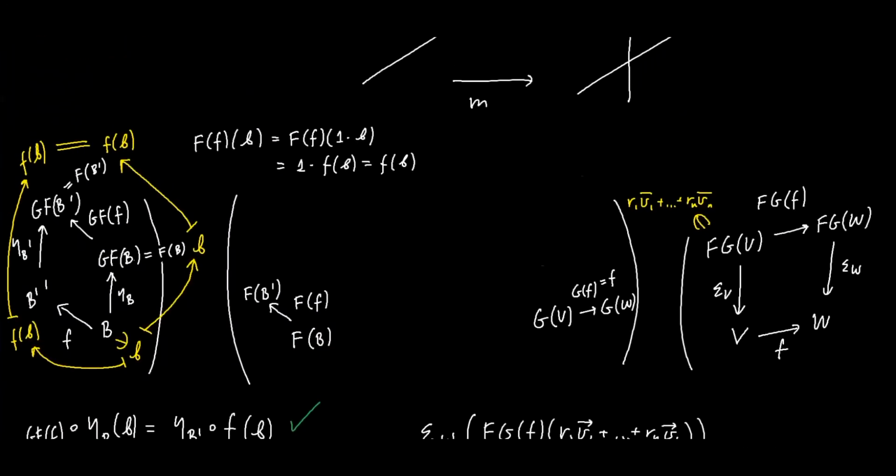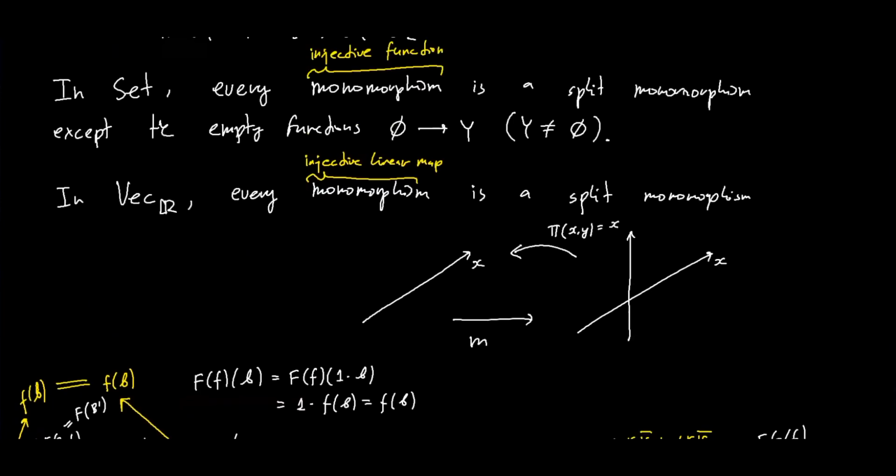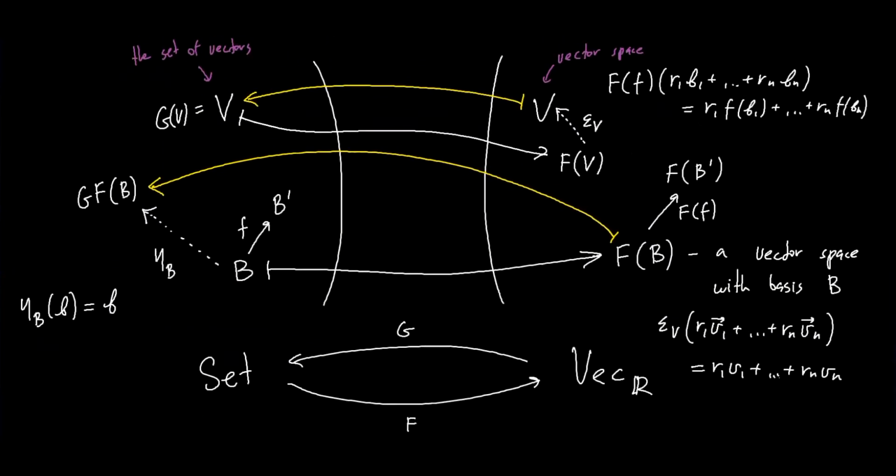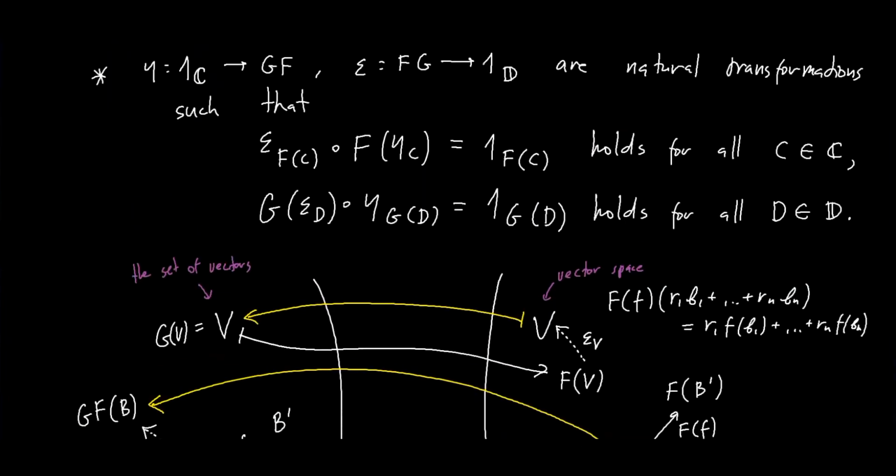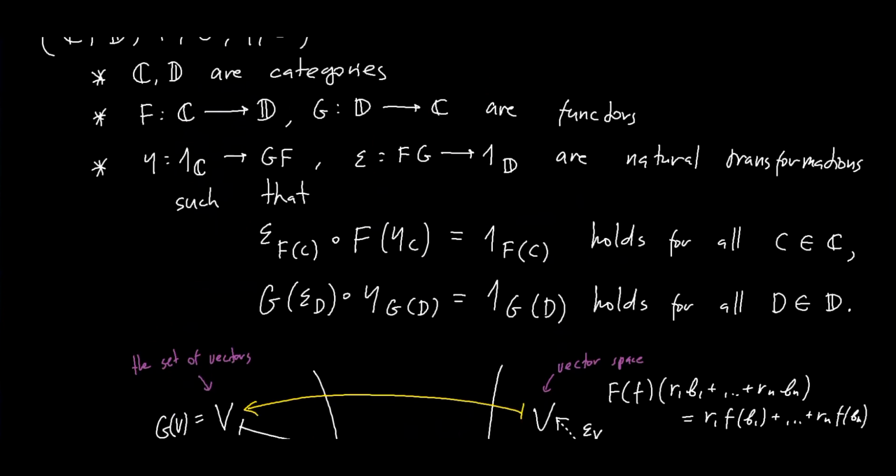So we did the first two things we wanted to do, which was to establish that eta and epsilon are actually natural transformations. And now two further things remain, which are these identities. And then we'll get an example of an adjunction.